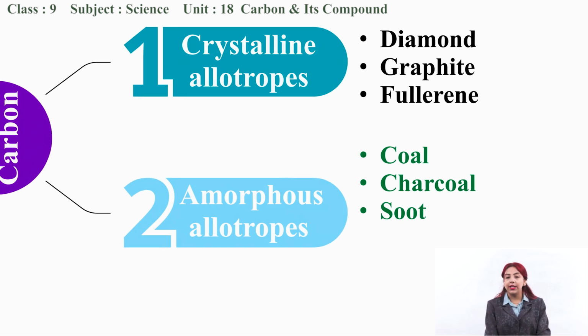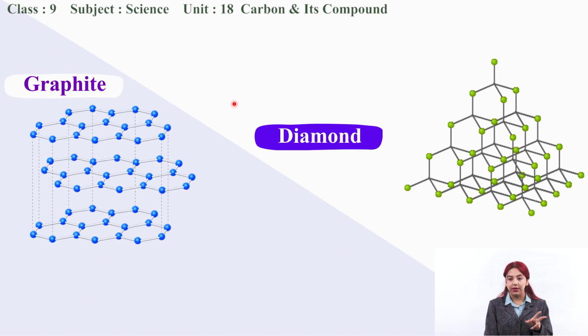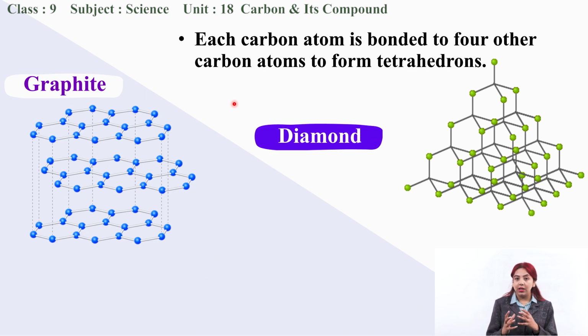Now let us study the two types of crystalline allotropes a little bit. Let us revise graphite and diamond. As I mentioned earlier, not only in diamond, a carbon atom has 4 valence electrons in its outermost orbit. In diamond, all those 4 valence electrons bind with other carbon atoms through strong covalent bonds, and they form a tetrahedron.